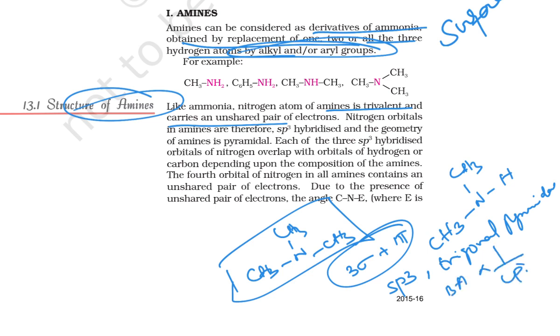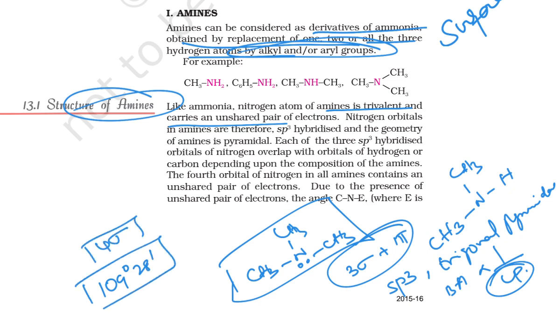If lone pairs increase, here we have one lone pair, so the bond angle is going to be lesser than 109 degrees 28 minutes. If you have perfectly 4 sigma bonds, it is sp3 tetrahedral, and in that case the bond angle is 109 degrees 28 minutes. But here, because of the presence of a lone pair of electrons, the bond angle is going to be 108 degrees.